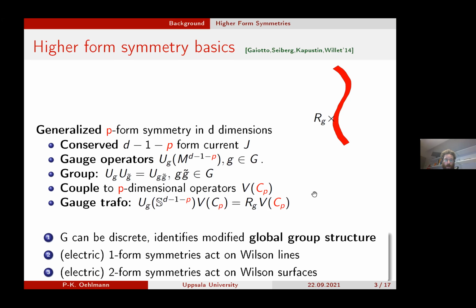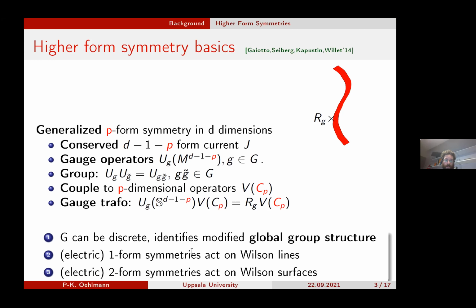And of course, the cool thing is that I can use all this technology even if I don't have a current, if my group is just discrete, which in fact will be the case in most of the things we're going to look at. And I don't have to have a Lagrangian description of all of this. I can really just deal with these operators.